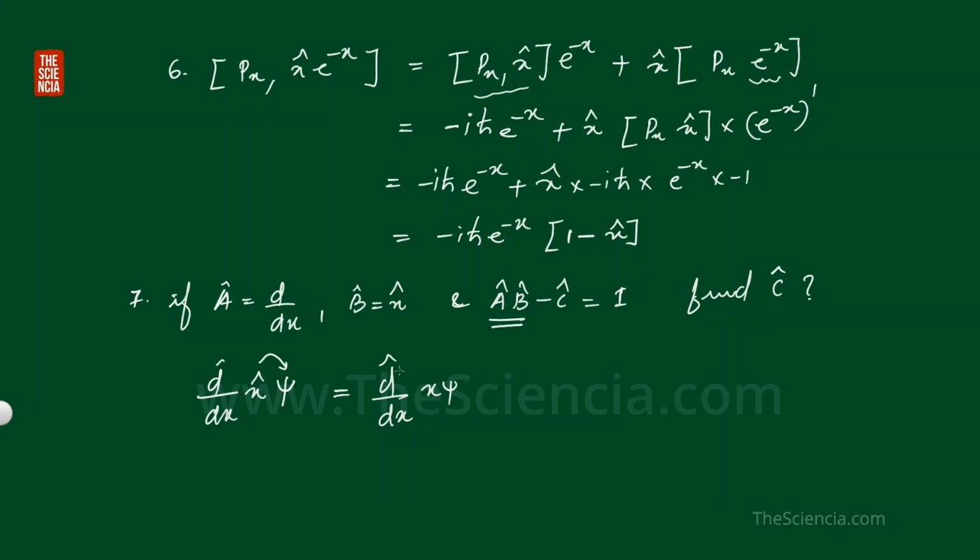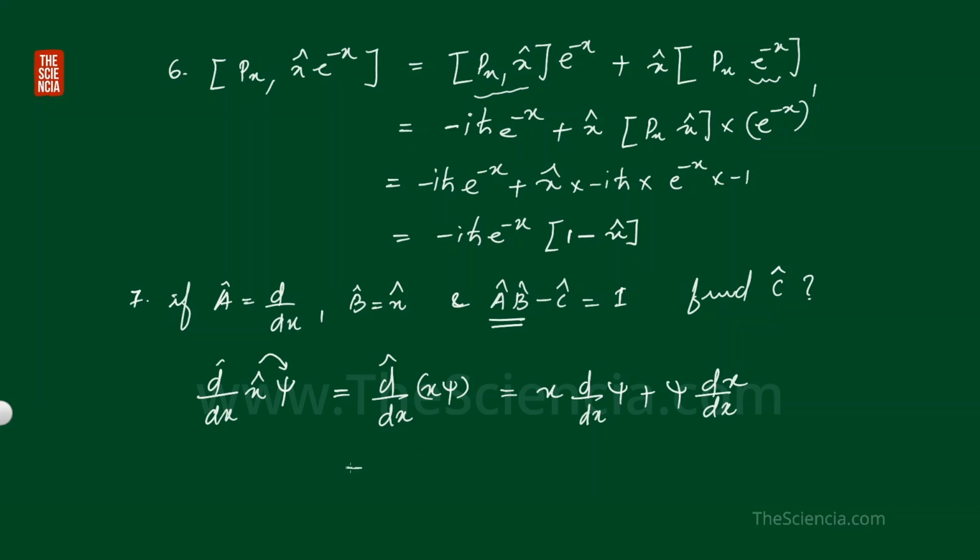Now this d by dx operator will operate on this term. It is a derivative of a product, so we take x into d by dx of psi plus psi into d by dx of x.